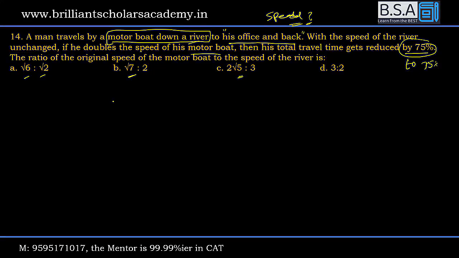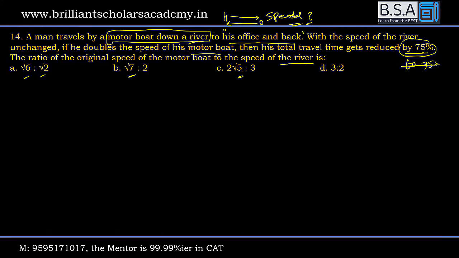The ratio of the original speed of the motorboat to the speed of the water is. We need to understand this a little. The journey is not one way. The person has to go from home to office and then come back. And that time decreases by 75%.